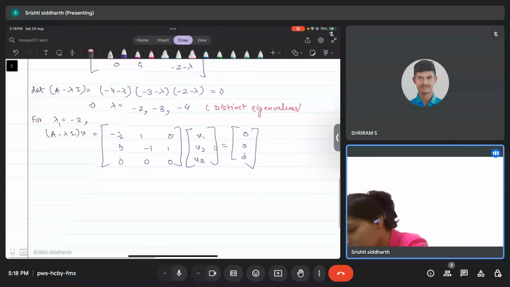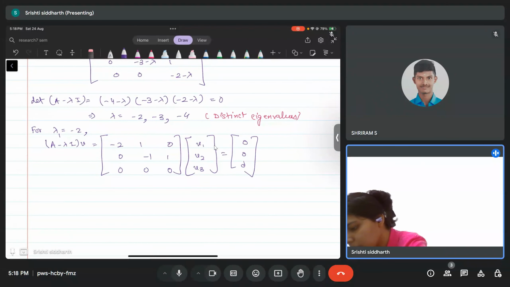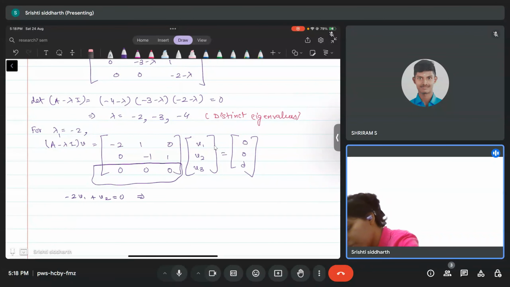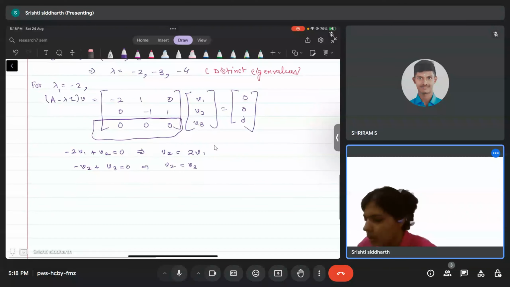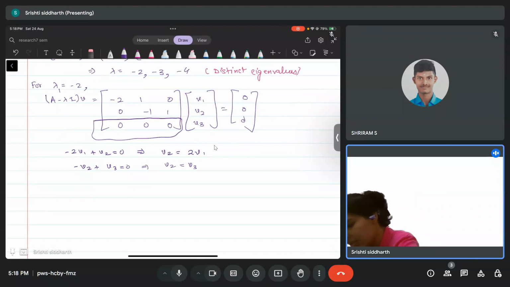Alright, so we just have two equations because this last row is just 0. So -2 v1 plus v2 equals 0, which implies that v2 is 2 v1. And when we have -v2 plus v3 equals 0, this implies v2 equals v3. Okay, so let's say that v1 is 1. So the associated eigenvector becomes 1, 2, 2 transpose.